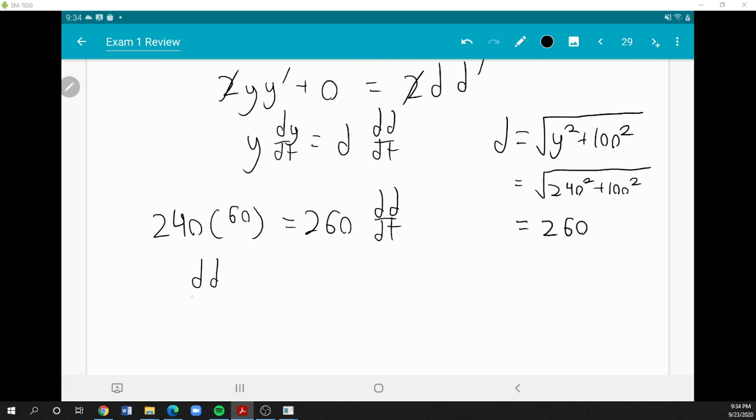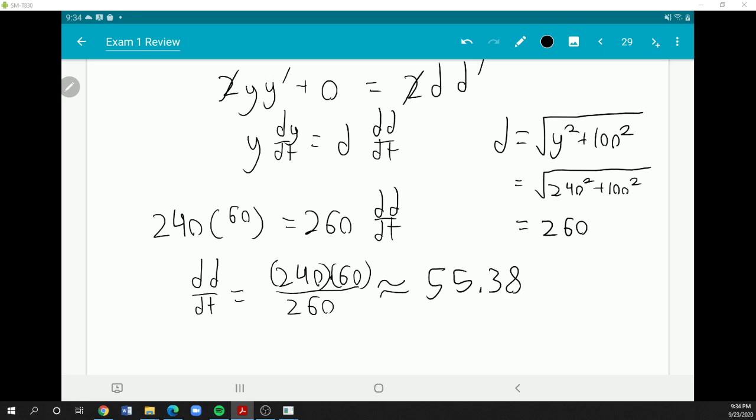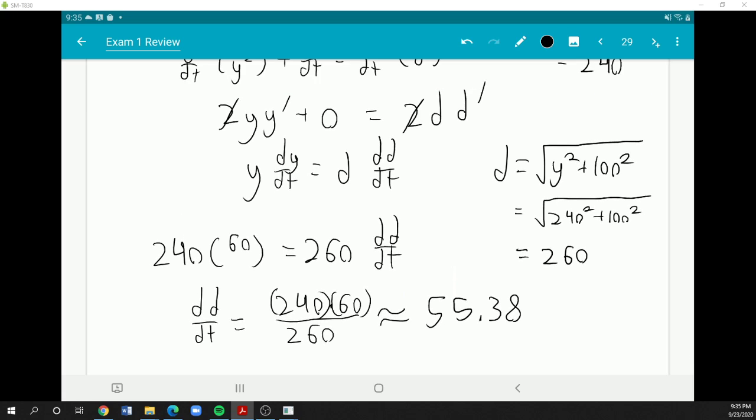So then dd/dt, the thing I'm looking for, is 240 times 60 over 260, which is roughly equal to, if I plug in, 240 times 60 divided by 260, 55.38, rounding to 2 decimal places. And my units are, what, feet per second? Kilometers per hour.